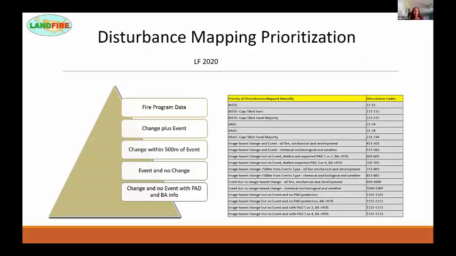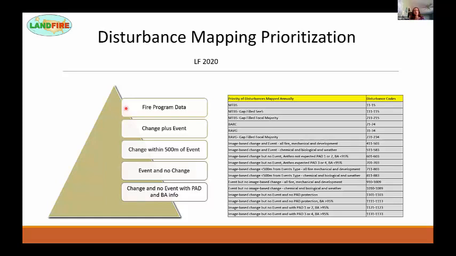How do we map the annual disturbance? We have a process that looks like a hierarchy prioritization of where we get our different data sources and where each lies on this pyramid. The most reliable disturbance source for us is the fire program data, and I'll talk more about that.